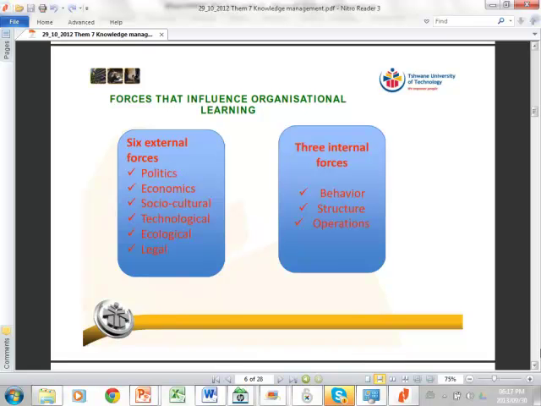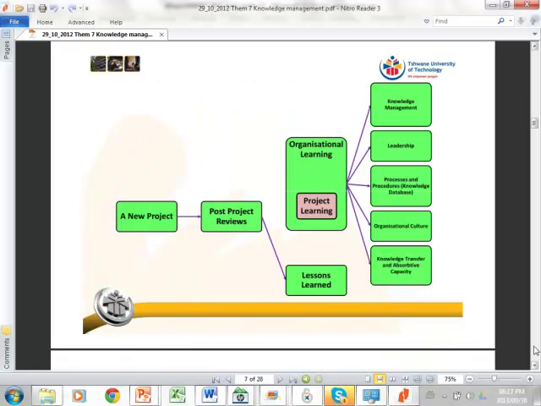Now let's hope my computer will be good and just go to the next page. Okay, so this diagram actually comes out of a master's thesis done by one of my students at the University of Pretoria, and the way he saw the model is that for a project, you have some or other new project, you then have a post-project review, and you then capture the lessons learned.